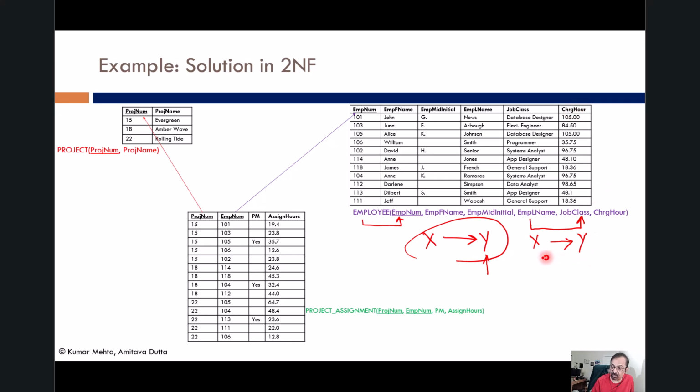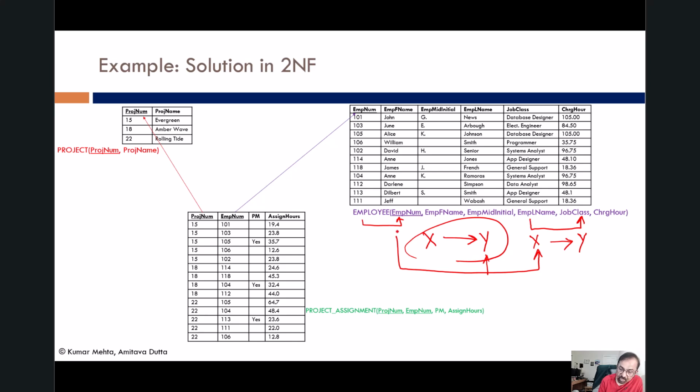First of all, this type of dependency, X to Y, is a special type of dependency that we haven't yet encountered. Why haven't we encountered it? Employee number functionally determines job class. If I tell you employee number 104, you can immediately tell me the job class of that employee.